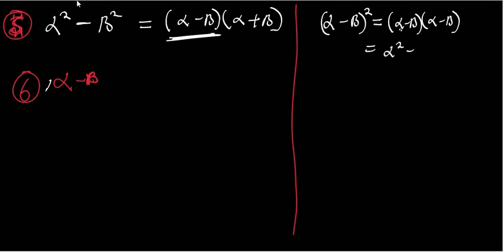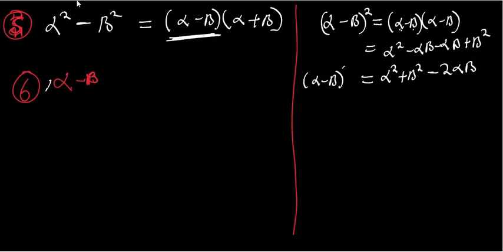Alpha times beta is minus alpha beta. This time, it is minus alpha beta. This times this will be positive beta squared. So you have alpha squared plus beta squared minus 2 alpha beta. So you have alpha minus beta squared on this side, right?